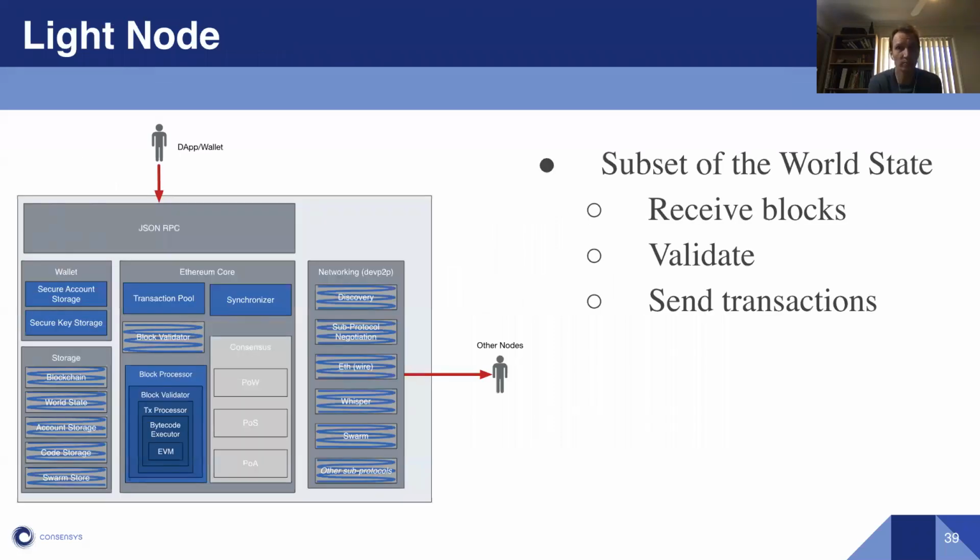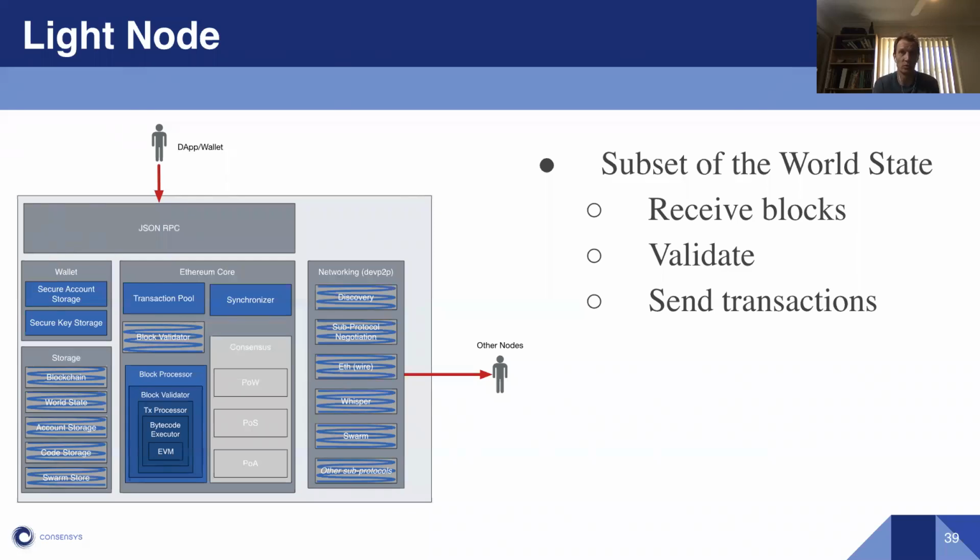So a light client probably has the whole of the JSON RPC running, and then it's going to have no consensus mechanisms, because it's going to defer all the consensus type work to other clients. So it's not going to be doing the proof of work. The synchronizer and transaction pool it probably still would have running, the ability to do some block processing work.